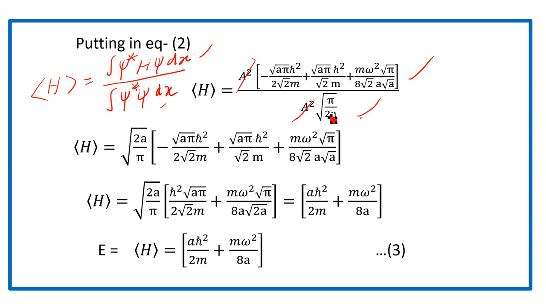Under root pi by 2a comes in the numerator, under root 2a by pi, and so on. After calculation, you will get the expectation value of H equal to a h cut squared by 2m plus m omega^2 by 8. This can be taken as the total energy E.